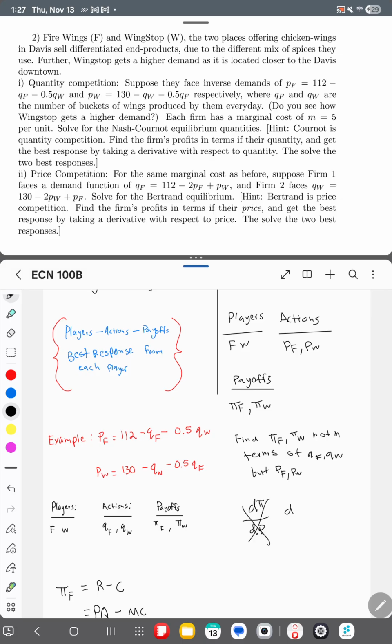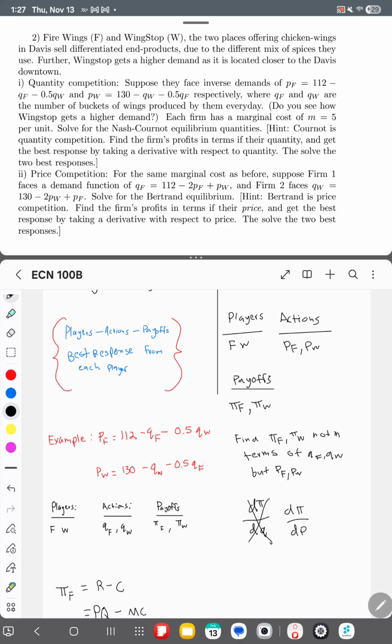Because every firm is trying to maximize profits with respect to quantity. But when it comes to Bertrand or price competition, every firm is trying to maximize profits with respect to prices instead. So when they try and maximize profit, their best response is they're going to take this derivative with respect to prices and not quantities. And that's the main difference.